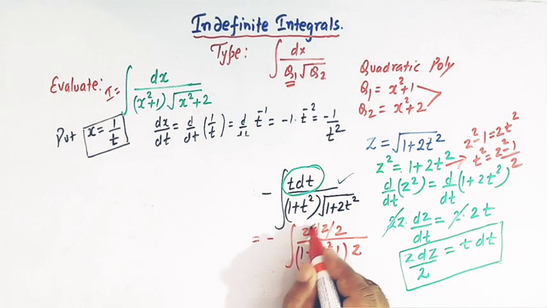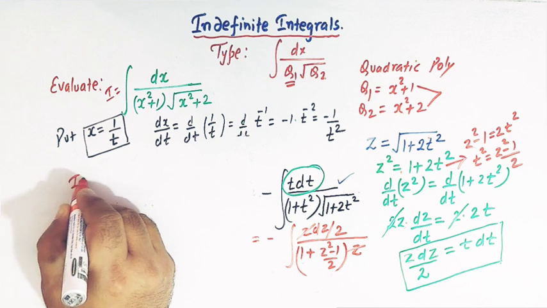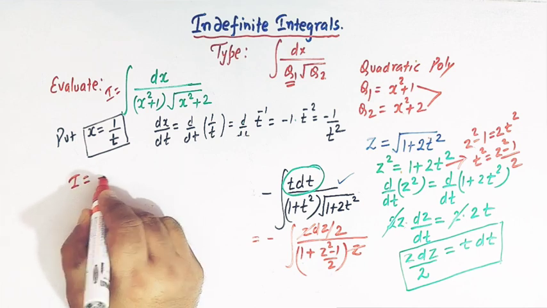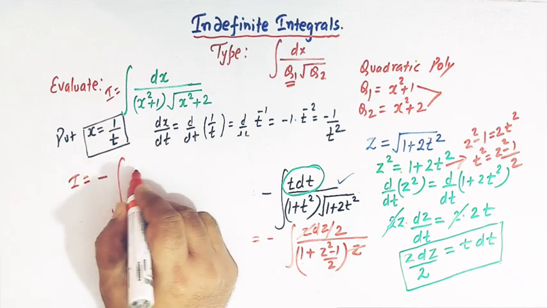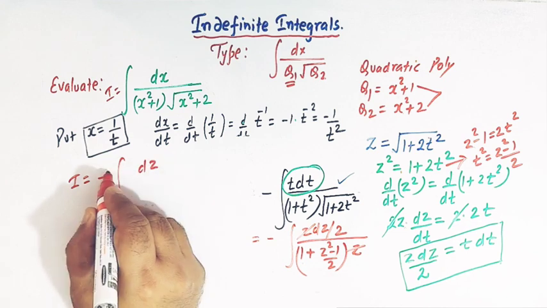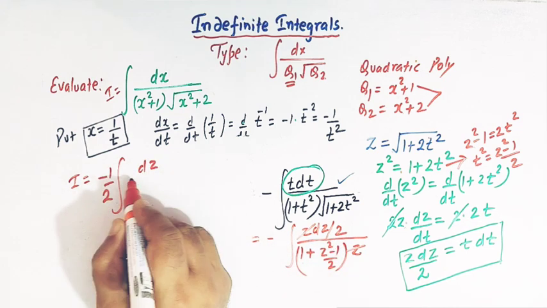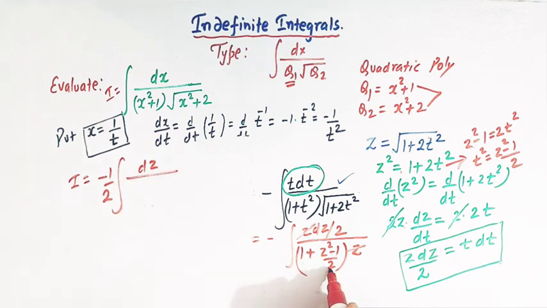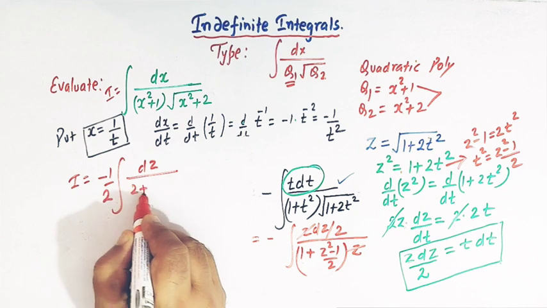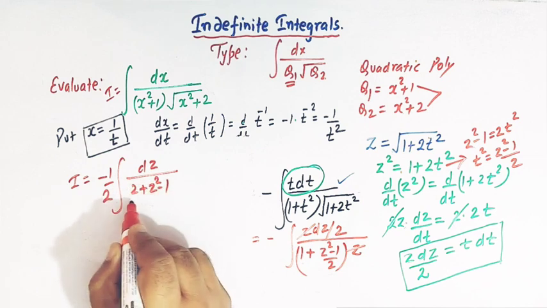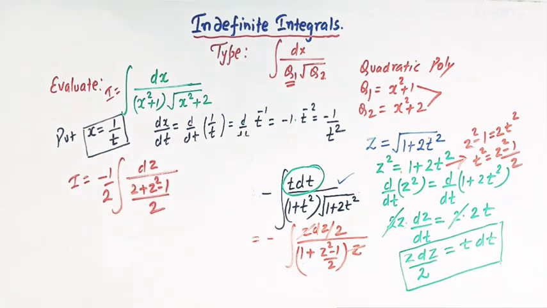So now this z and this z get cancelled, and we have I is equal to minus, here we have dz, and here we have half outside the integral sign, and here we can take the LCM, so we have 2 ones are 2 plus z square minus 1 over 2, right?